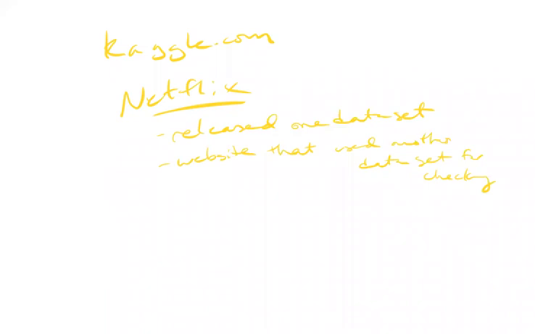Then if you think you've done a good job, you type into the website essentially what your model is. You can submit your code for your model, and without showing you the second data set, the website uses your model to make predictions for the second data set, and it posts how well you did. In other words, whether you did a good job making predictions for the second data set.